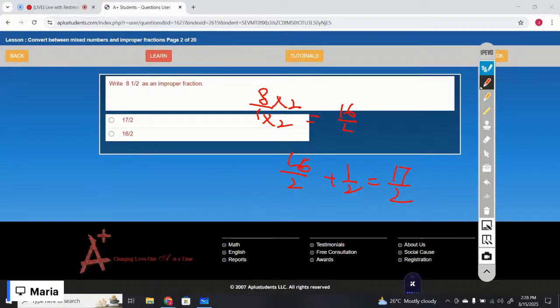Option number 1 is the correct option, that is 17 over 2.